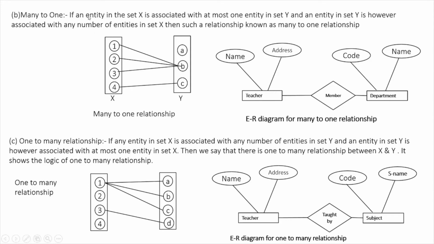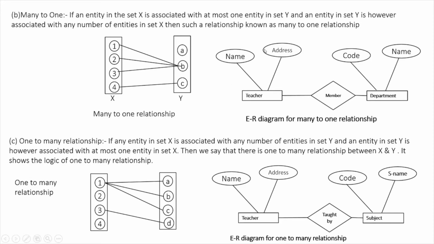Many to one. If an entity in set X is associated with at most one entity in set Y, and an entity in set Y is however associated with any number of entities in set X, then such a relationship is known as a many to one relationship, as you can see in this figure.